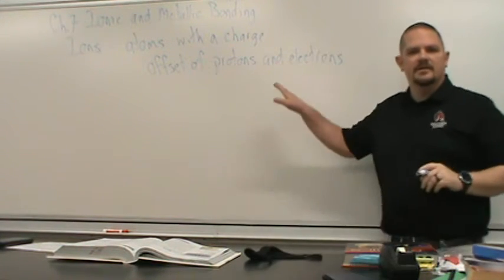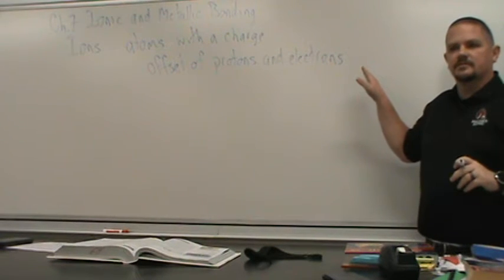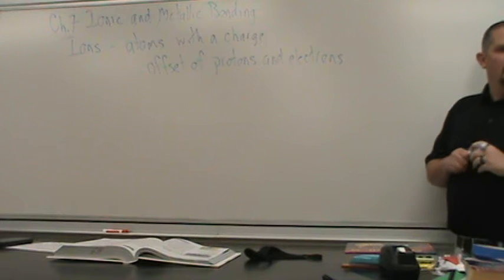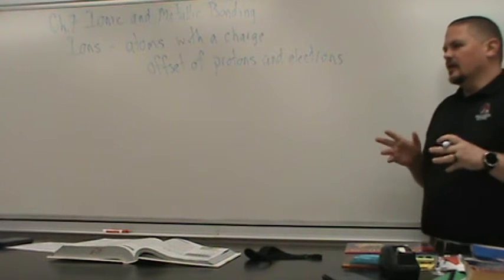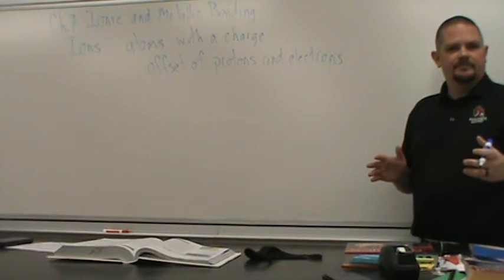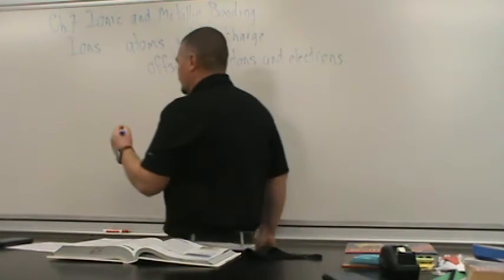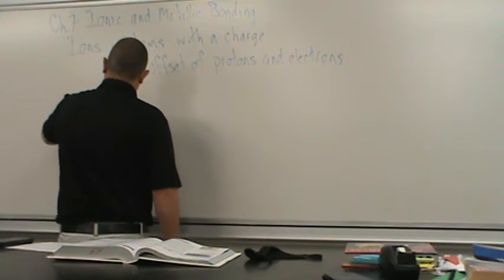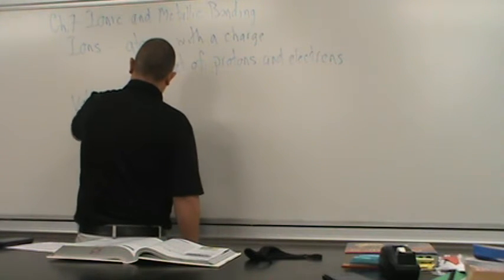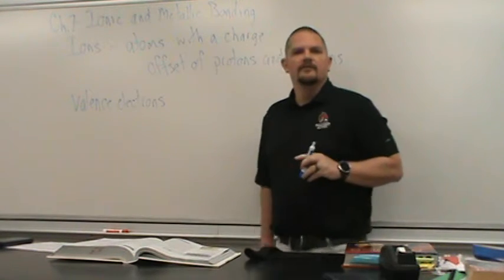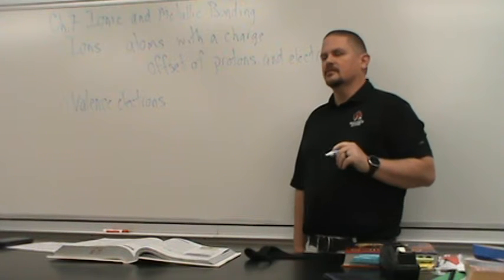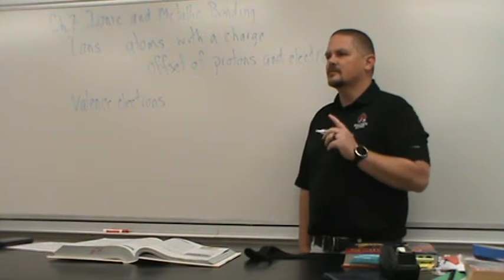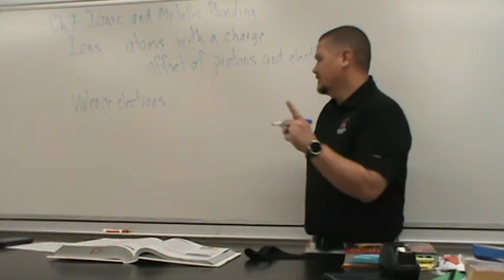We have an offset of protons and electrons. And with this, we're going to be looking at a particular type of electron. We're going to be looking at valence electrons. Does anybody remember what valence electrons are? They're the electrons in the outermost shell. Yes.